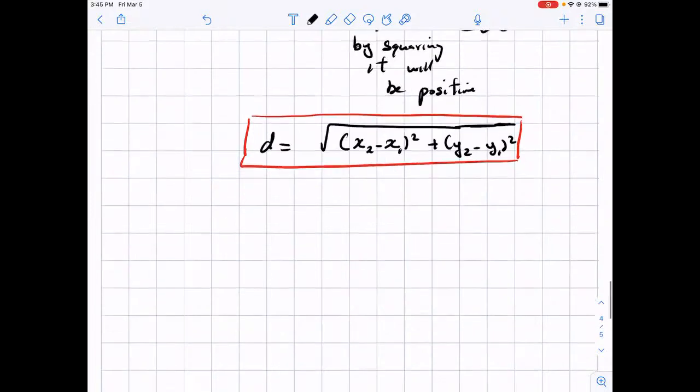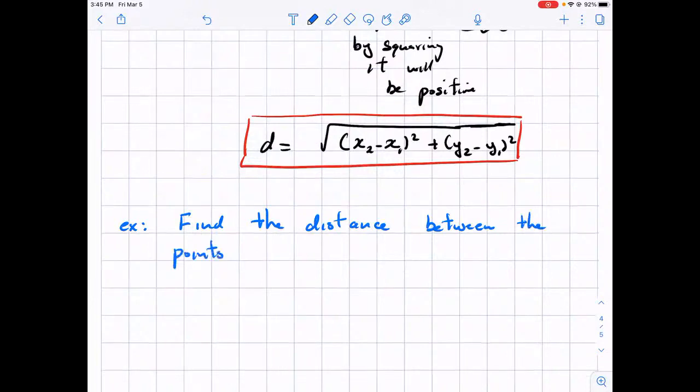Okay, so example, find the distance between the points -2, 1, and 3, 4.